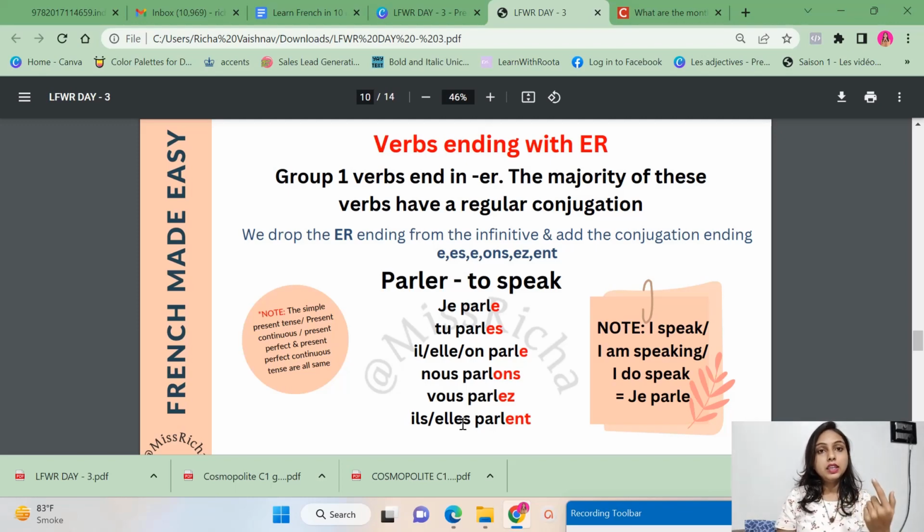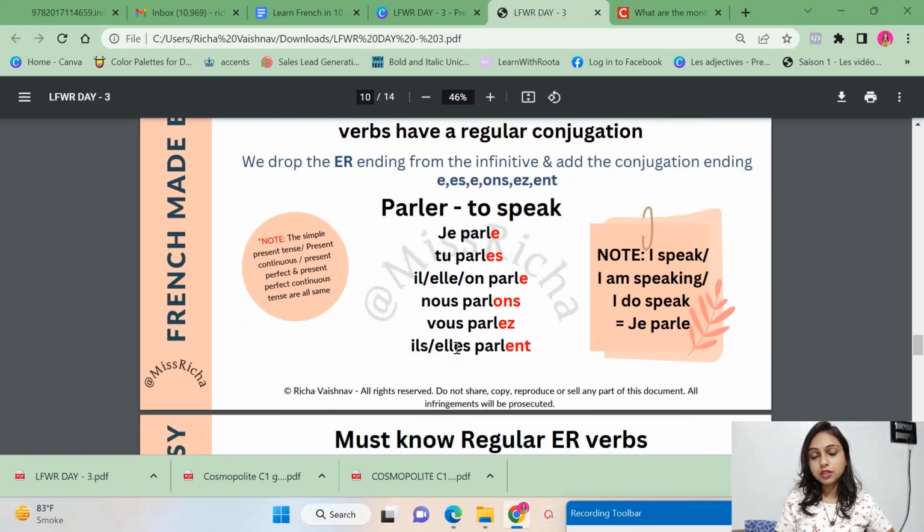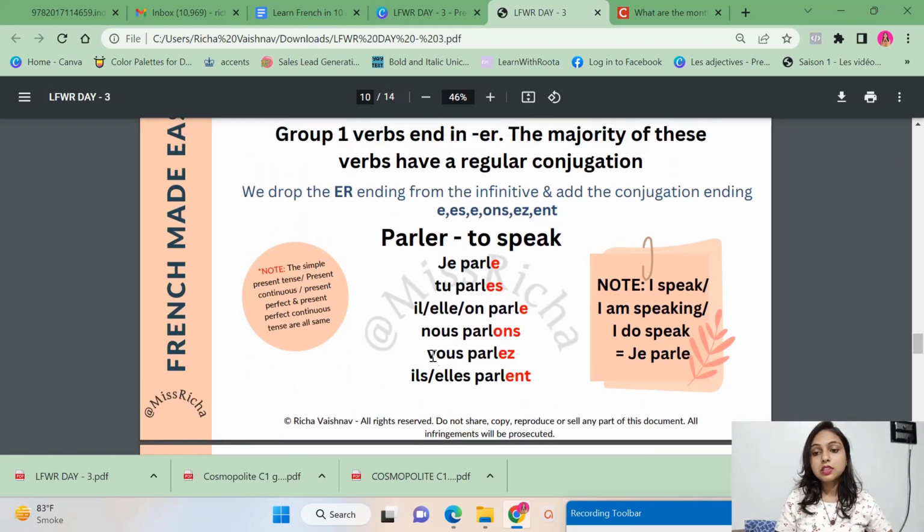Repeat after me. E, es, e, ons, ez, ent, ent. The reason why I repeat it twice is because il, elle and ils, elles are two subject pronouns which are included. That is why I have this habit of repeating it twice.